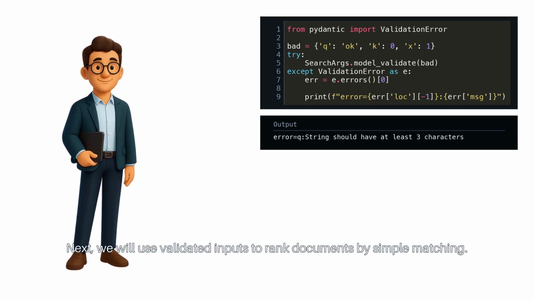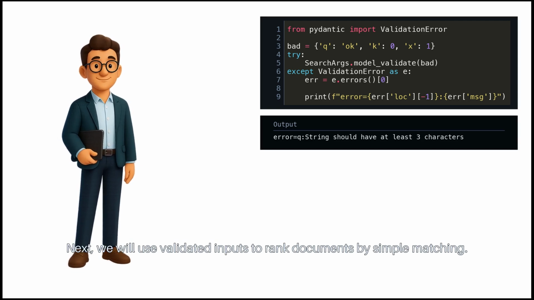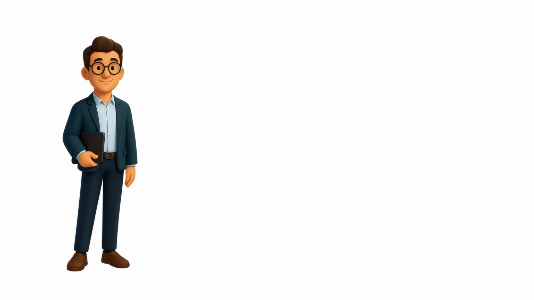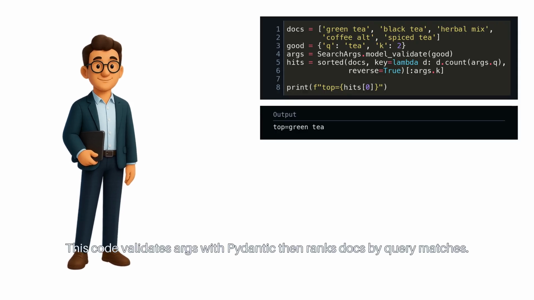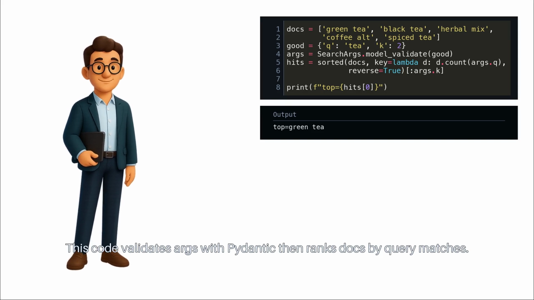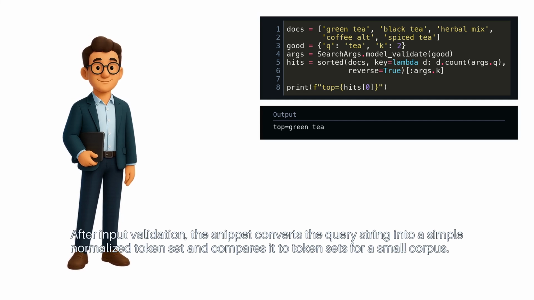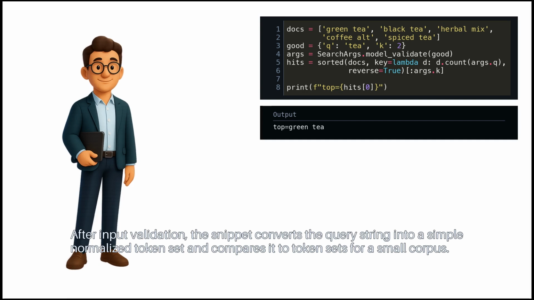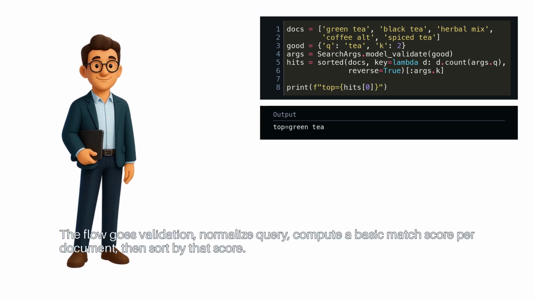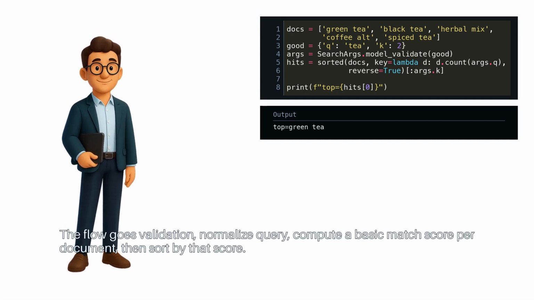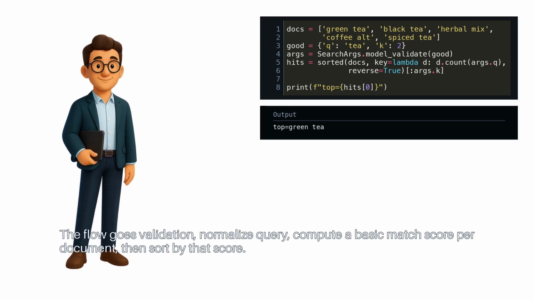Next, we will use validated inputs to rank documents by simple matching. This code validates args with Pydantic, then ranks docs by query matches. After input validation, the snippet converts the query string into a simple normalized token set and compares it to token sets for a small corpus. The flow goes validation, normalize query, compute a basic match score per document, then sort by that score.